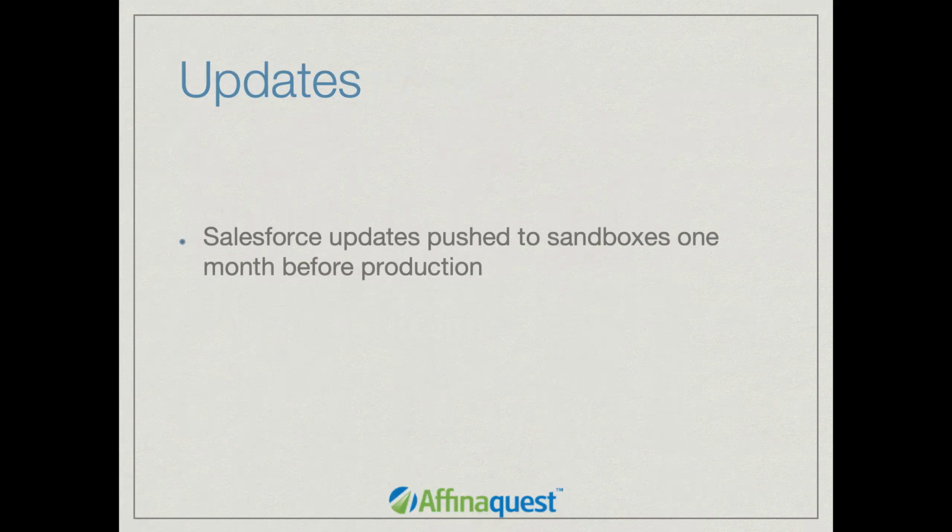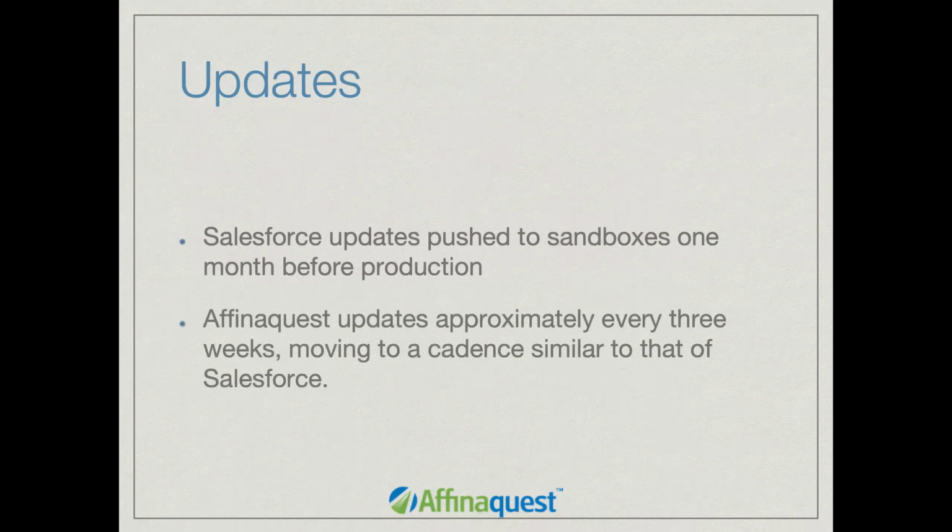Now, you may know that Salesforce pushes their updates to sandboxes about a month before production. And right now, we are doing updates about every 3 weeks. We don't typically send those out to everybody. There are a few of you that are on a regular plan, but we're now looking at moving everybody to a similar cadence, sort of like what Salesforce does.